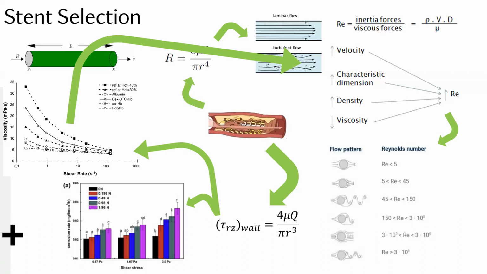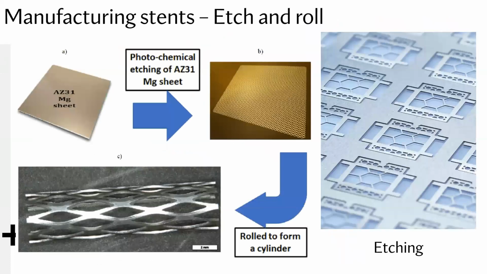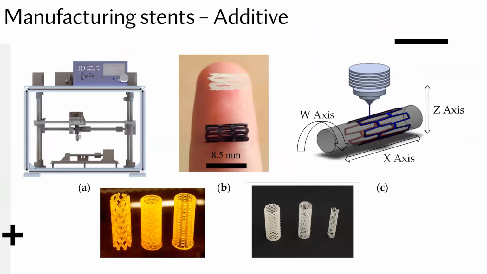So yeah, we kind of try to at least give you an idea of how complex things are, although we're not really attempting to solve this problem here in this module, hopefully in another one. Then we talked a little bit about manufacturing stents, and we went all the way from conventional processes where you would cut the sheet and bend it, or maybe do direct machining, all the way to new approaches where we're using 3D printing and deposition of material or conversion of photosensitive material to achieve the final geometry of the stent.